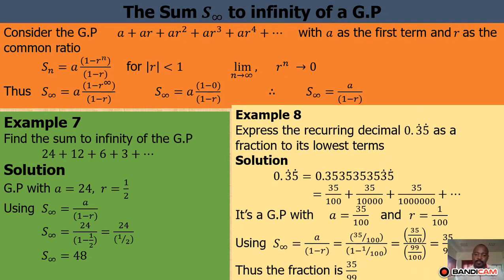Another example. Express the recurring decimal 0.35 recurring as a fraction to its lowest term.